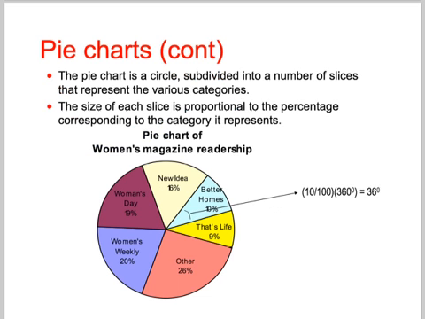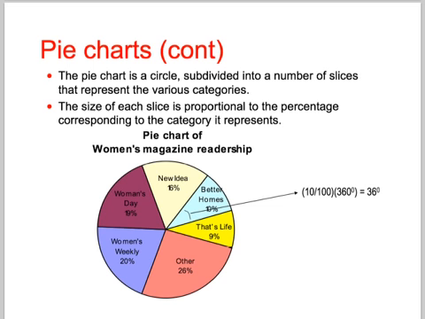For example, I may want to do a survey asking, what magazines do you read? So the response that I will be getting is, I'm reading New Idea, okay? Another person is reading New Idea, okay? Another person is reading Better Homes, and so on, okay? So first things first, I will try to count the number of readers of magazine A, magazine B, magazine C, and so on.